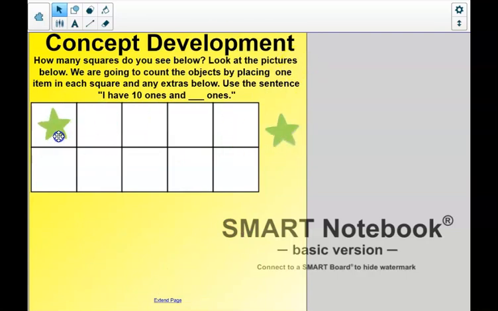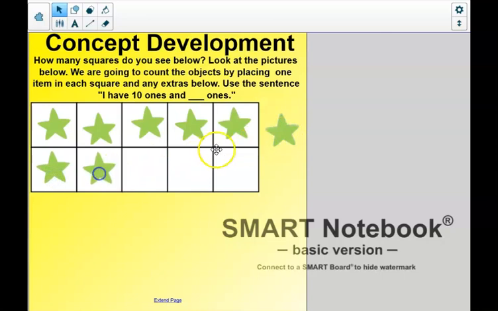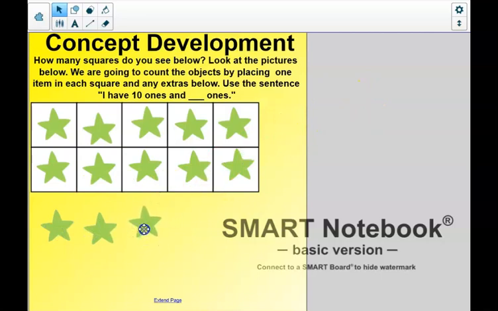Okay, let's see how many stars we have. Okay, so as I'm filling them in, think about what we're going to say. Pause me and think about how I would say I have 10 1s and blank ones.